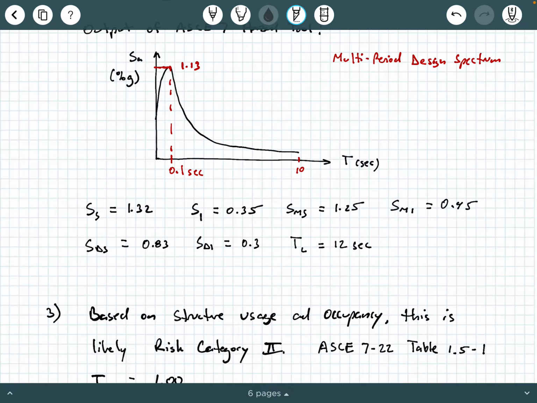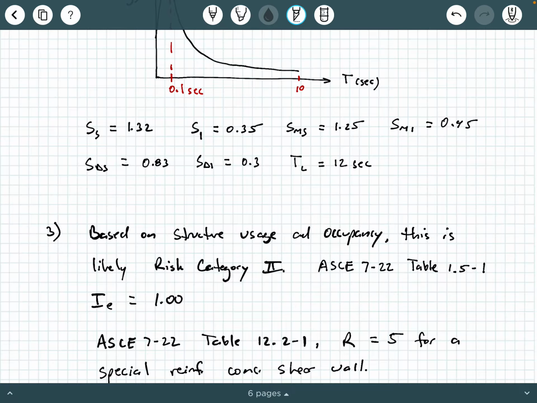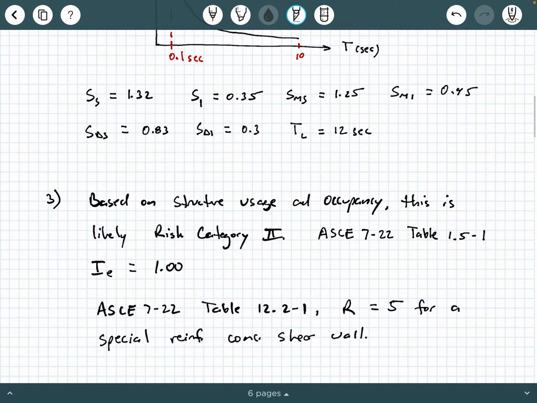We're going to scroll on down, and the next step is to determine the risk category, the importance factor, and the structural response modification factor. Based on the structure, usage, and occupancy, this is likely risk category 2. We actually determined that already a few minutes ago. ASCE 7-22 table 1.5-1 says an importance factor of 1.0 should be used.